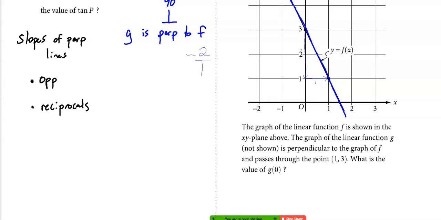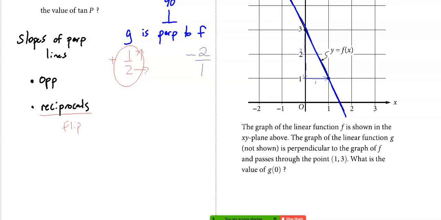Down 2, right 1. Well, if I want to be g, I need to be the opposite of that. So instead of a negative slope, I need a positive slope. And a reciprocal just means you flip the fraction. So g needs to be a positive 1/2 slope, which means we go up 1, right 2.